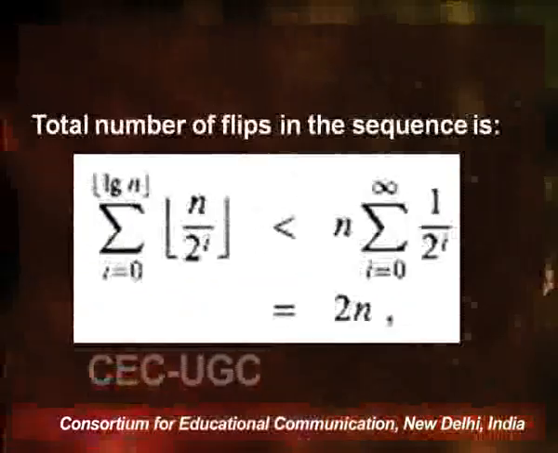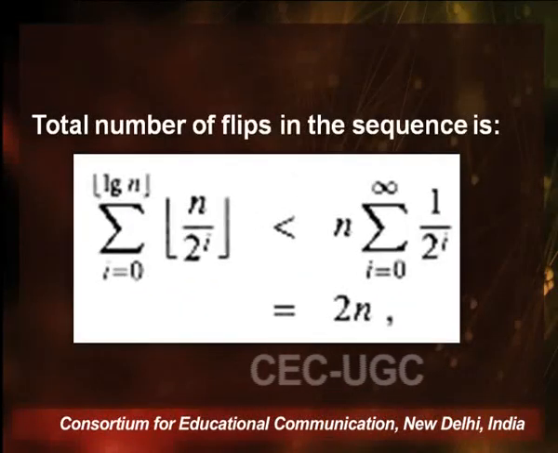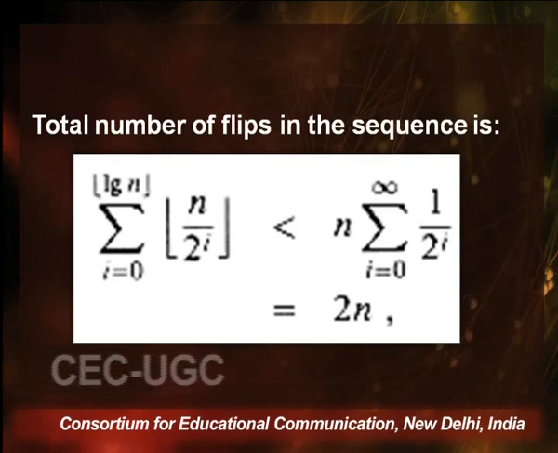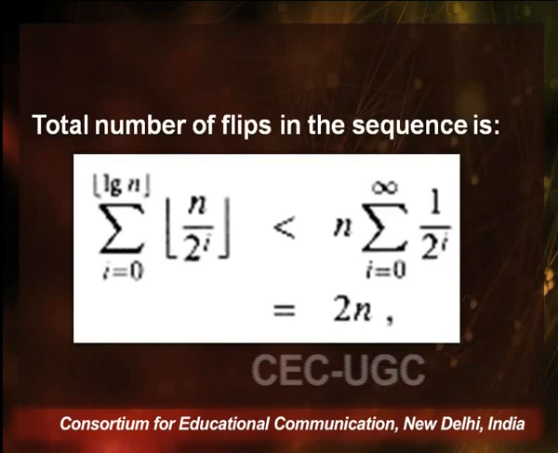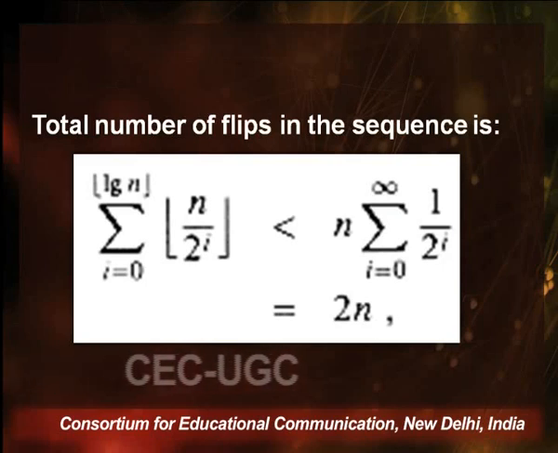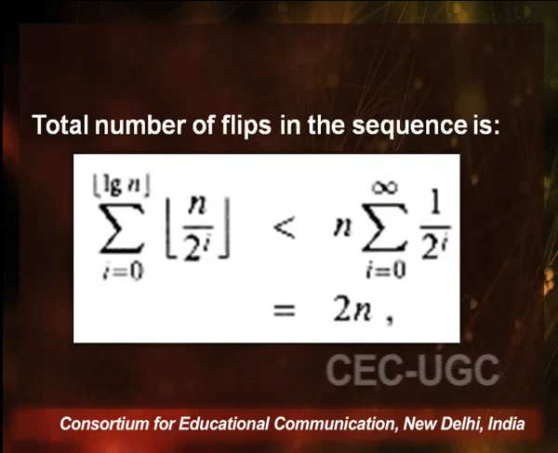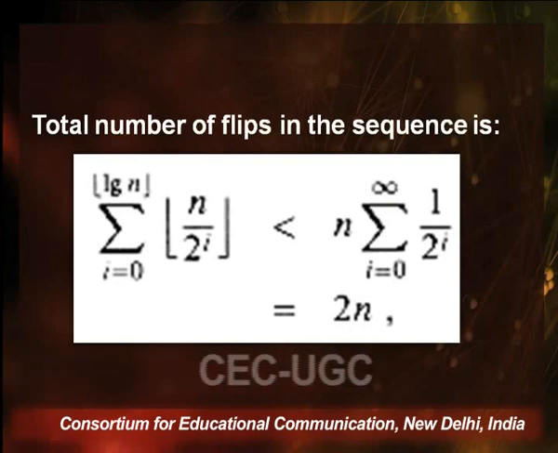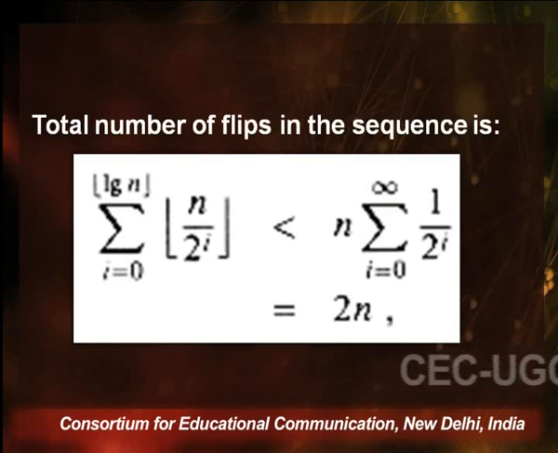The total number of flips is the summation of all the flips, where i ranges from 0 to floor of log n, and the expression is n divided by 2 to the power i, which is the number of times the bits are being flipped.